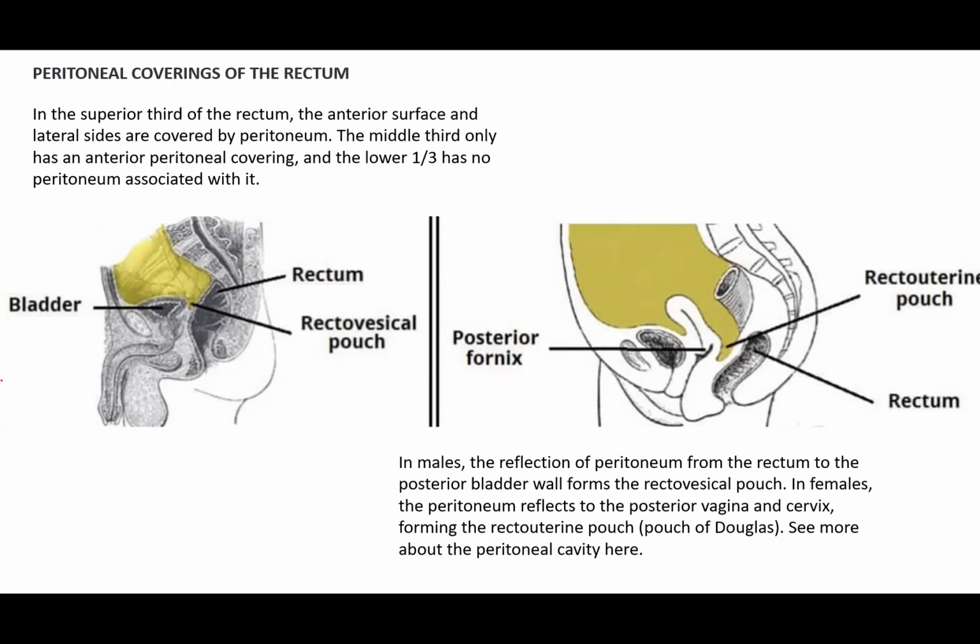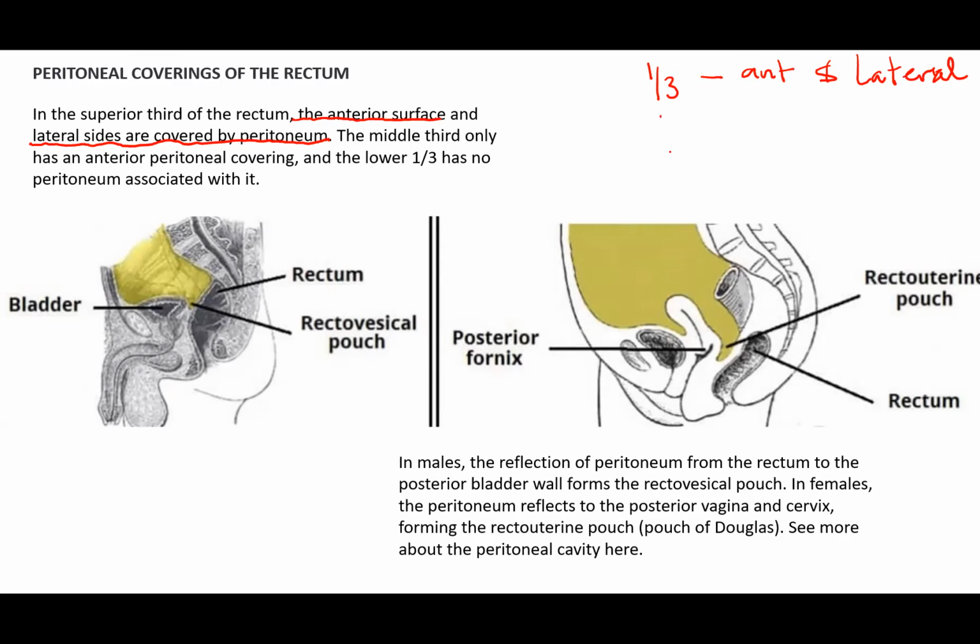In the superior third of the rectum, the anterior surface and the lateral sides are covered by peritoneum. So in the upper third, it's just anterior and lateral. The posterior is not covered by peritoneum.